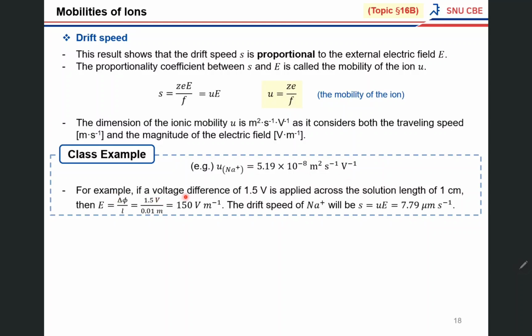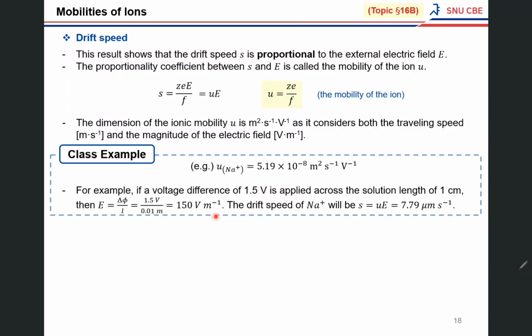Think about a solution with a length of just 1 centimeter, and you apply a voltage difference of 1.5 volts, which corresponds to just one common battery cell you can buy from a convenience store. You apply the voltage across a liquid thickness of 1 centimeter, and then you can calculate the magnitude of the external electric field, which corresponds to 150 volts per meter.